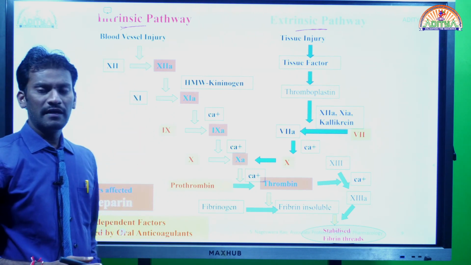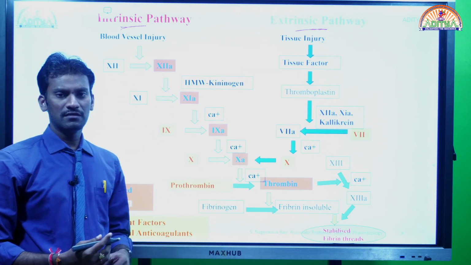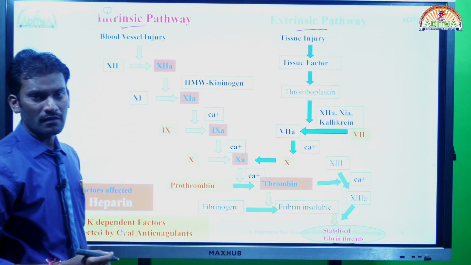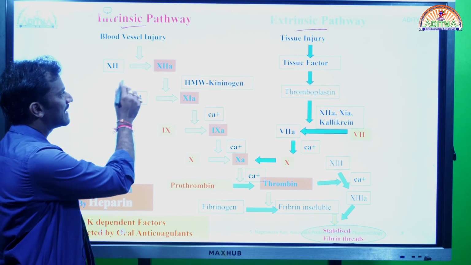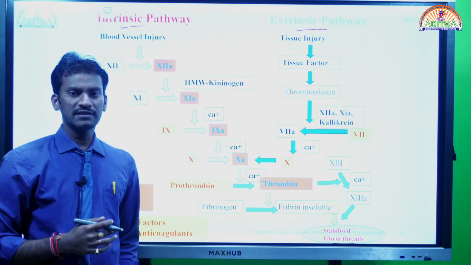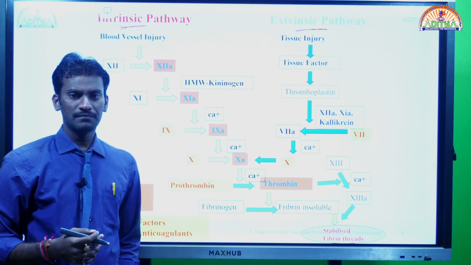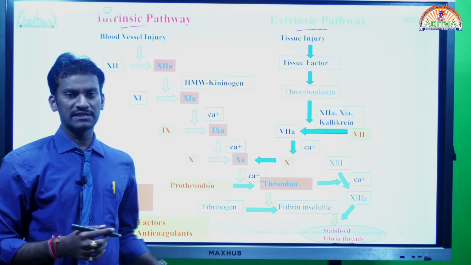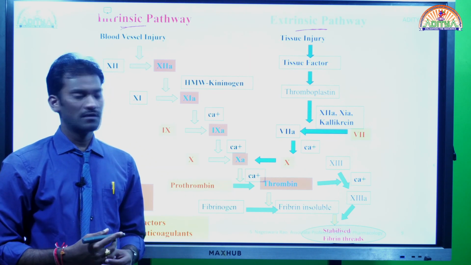When there is damage to any blood vessel, immediately factor 12 is activated. First of all, in blood coagulation, 13 clotting factors are involved. All the clotting factors play a very important role in the coagulation of blood. Initially, all the clotting factors present in the body are in inactivated form.